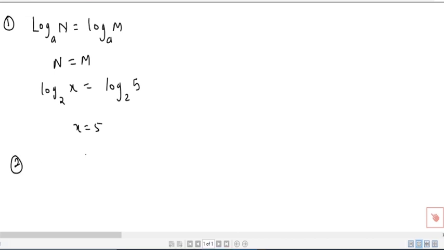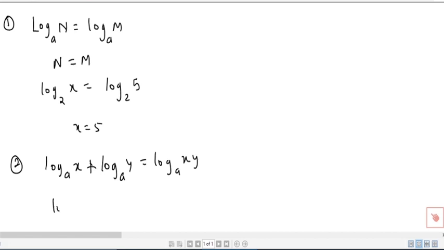The second property says that log at base a of x plus log at base a of y is equal to log at base a of x into y.